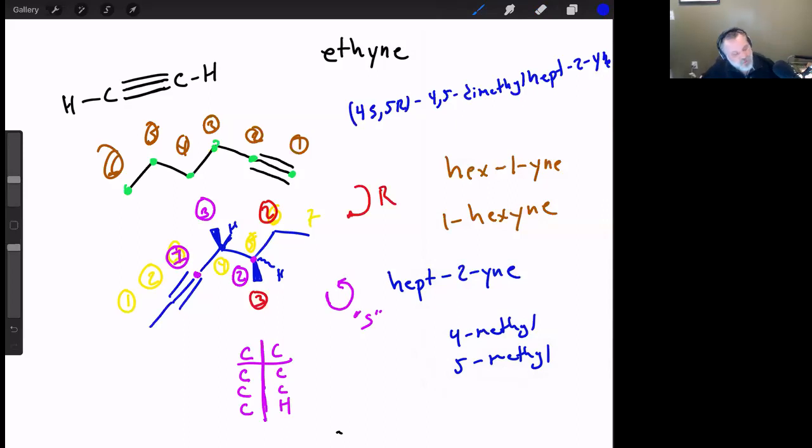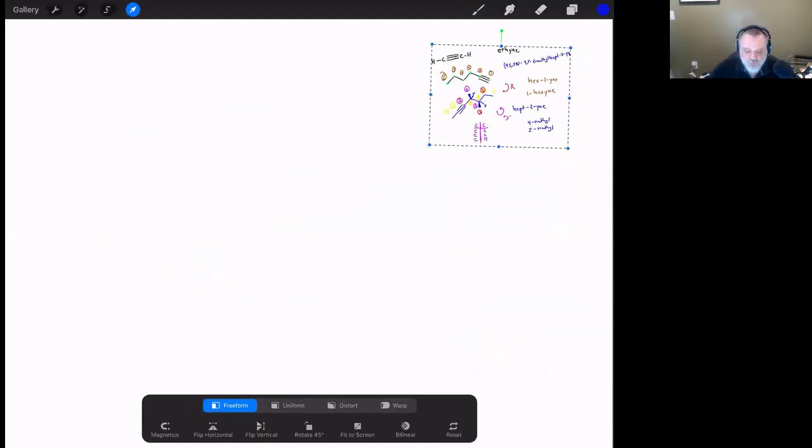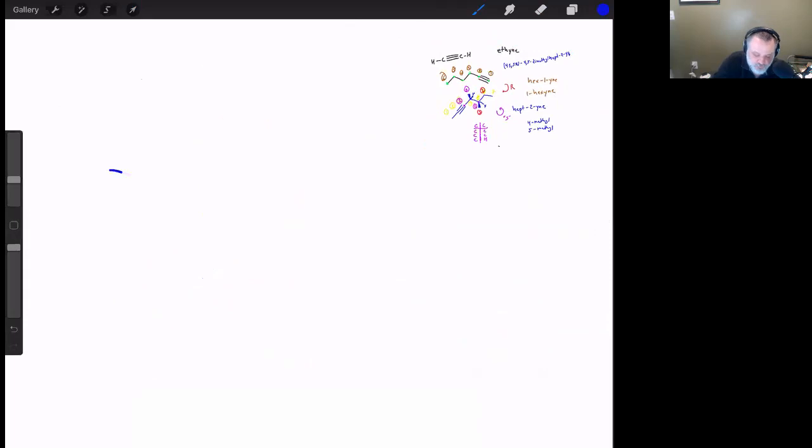So there's not much new other than we're adding a triple bond. The only other situation comes in when we have both a double bond and a triple bond.